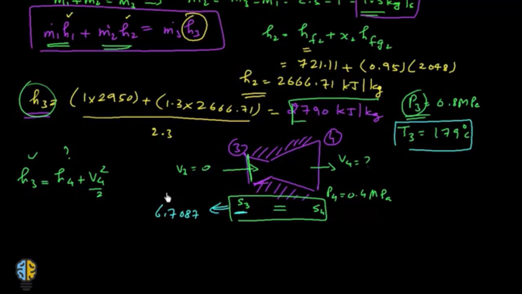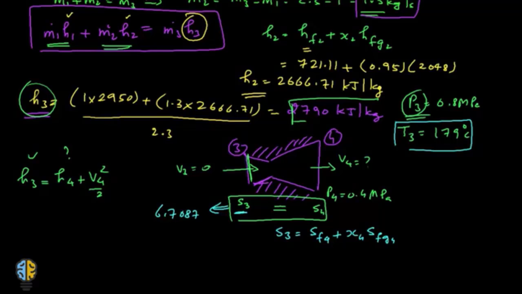Now S4, because state 4 would be somewhere in the region of the mixture, you will have S3 equal to S4, which is SF4 plus X4 into SFG4.